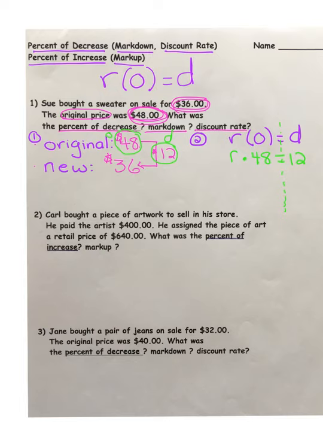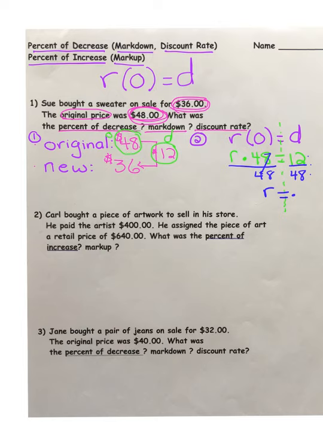Now, let's divide both sides by 48. Grab your calculator and punch in 12 divided by 48. You should get a decimal result.